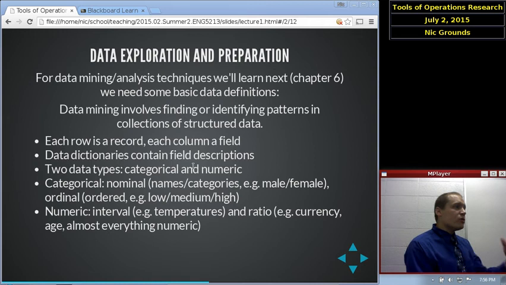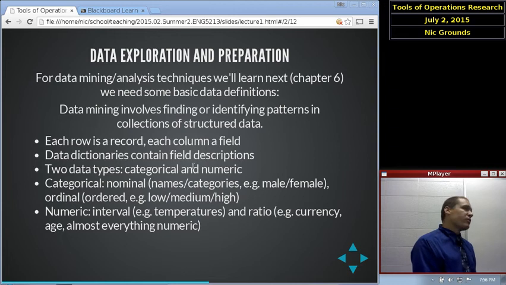Now we're going to use that structured data about all these students to try to find some patterns, either to help us understand better what kind of students don't graduate versus what kind of students do, or we might use that to make predictions. So now we have current students like you sitting in this class, and we want to find a pattern in all the students from the past to figure out which of you are in danger of not graduating, based on your characteristics being similar to the characteristics of students in the past who didn't graduate.